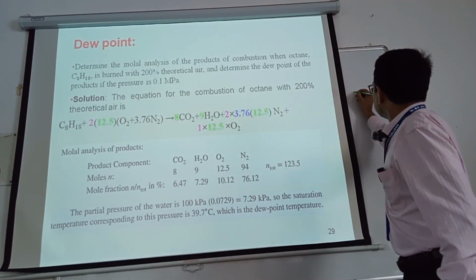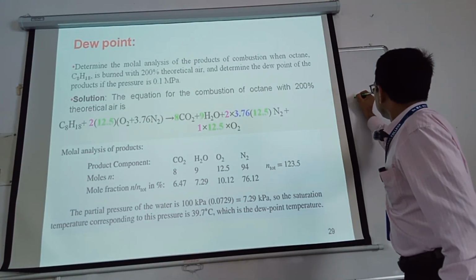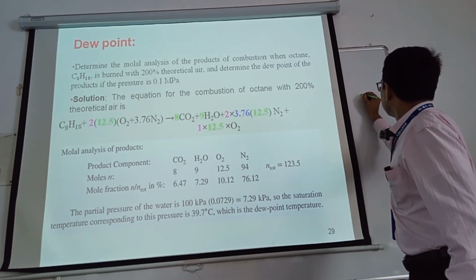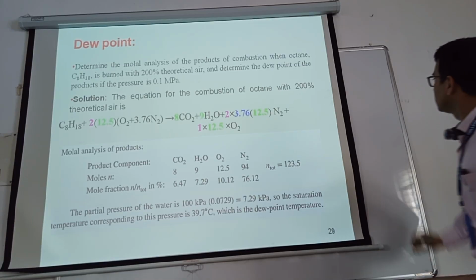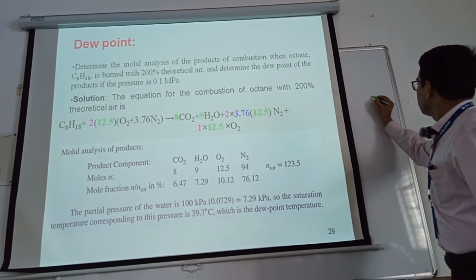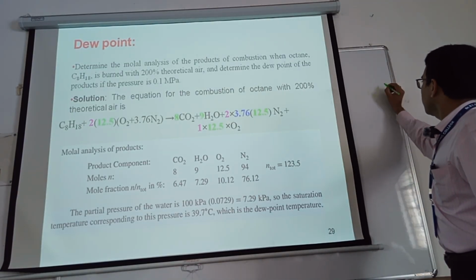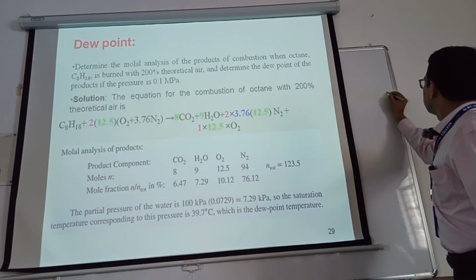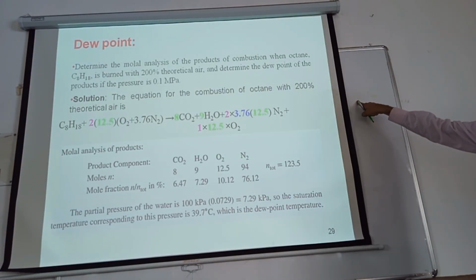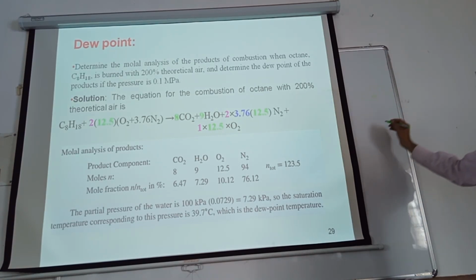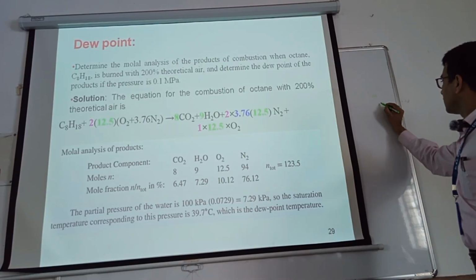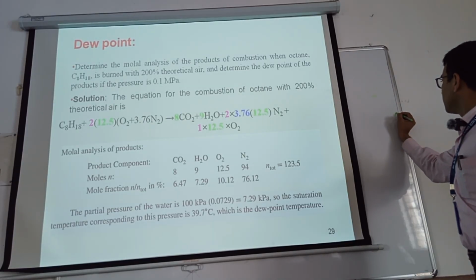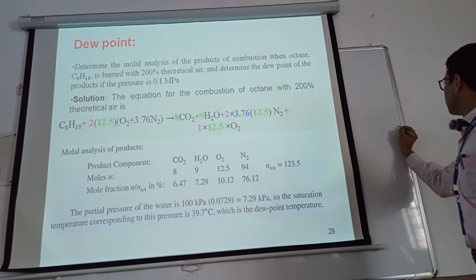Partial pressure of any component, for example CO2, is equal to total pressure multiplied by mole fraction. What is mole fraction? Exactly, N CO2 divided by N total.